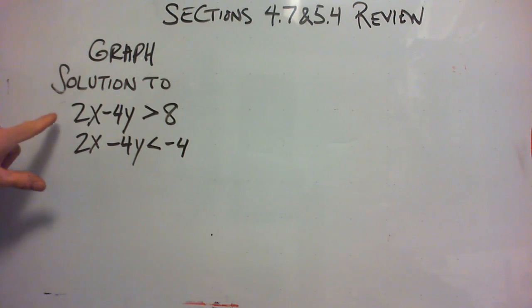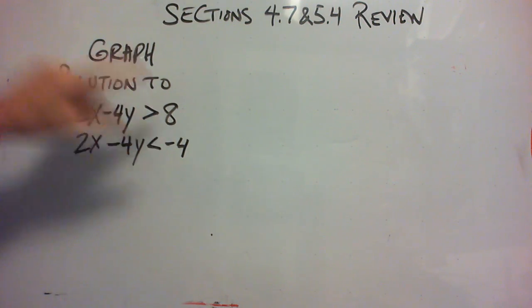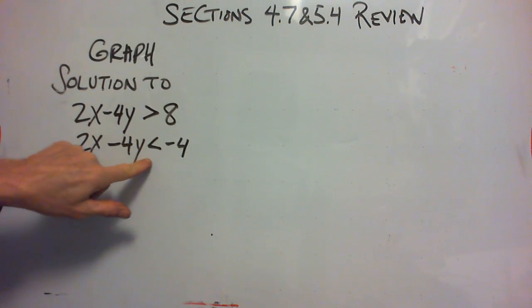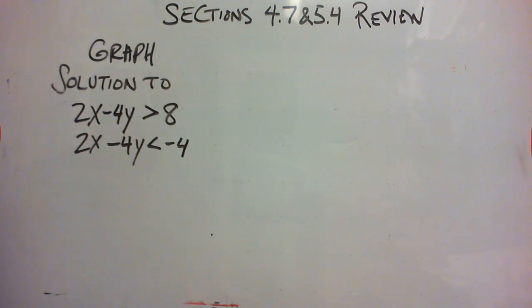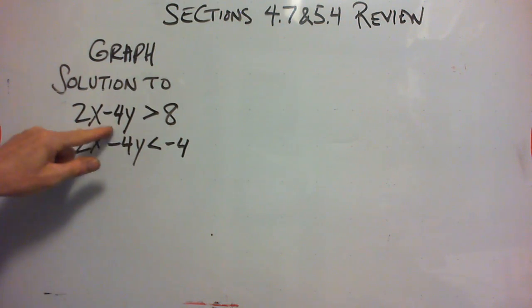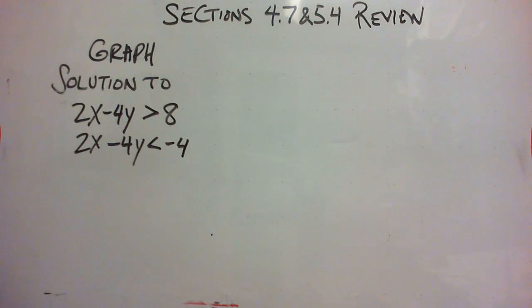Okay, for our next problem, we're going to graph the solution to 2x minus 4y greater than 8, 2x minus 4y less than negative 4. So we're going to plot both of these inequalities and see where the common shaded area is. So you're going to have two boundary lines.